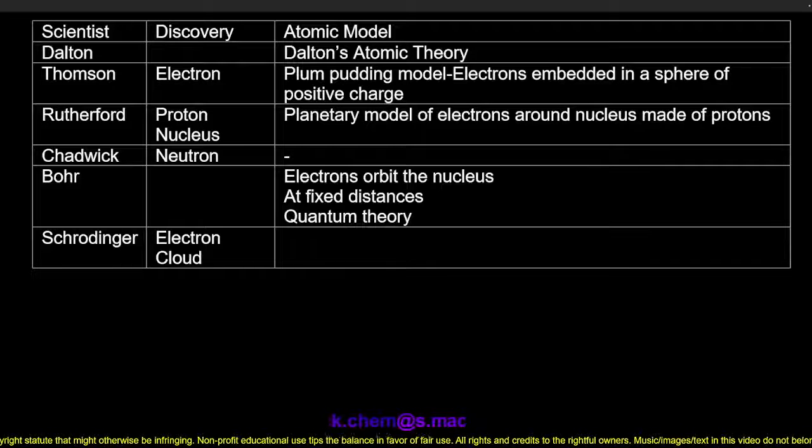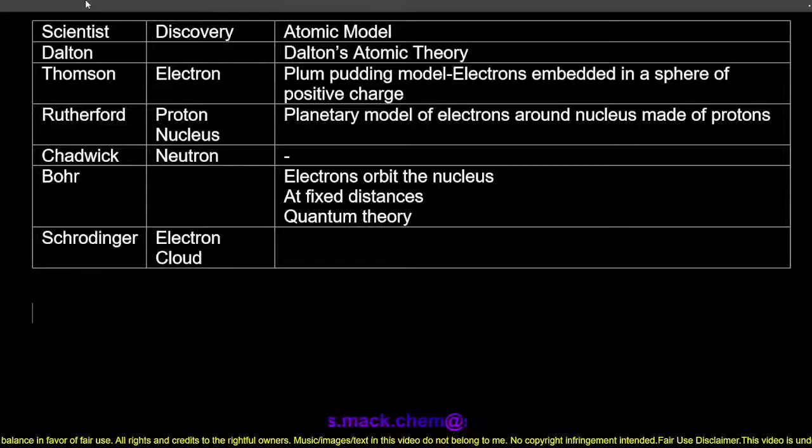So Thomson proposed a new atomic model, and in his model he said that there are negatively charged electrons in an atom, and he considered these negatively charged electrons to be embedded in a cloud of negative charge.